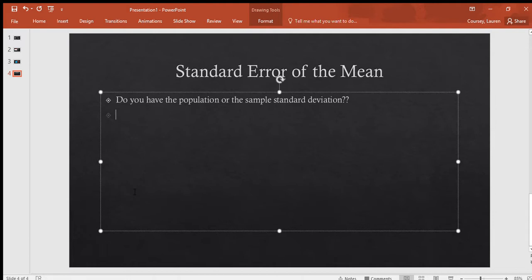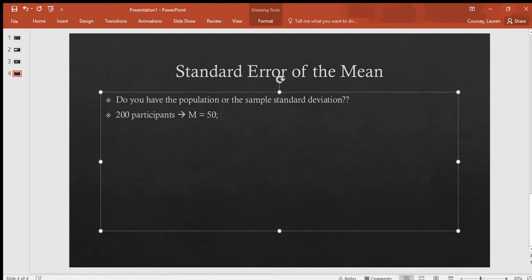But let's start out with a scenario in which we collect data for 200 participants. We have 200 participants in our sample, and we calculate and get, let's keep our mean of 50.